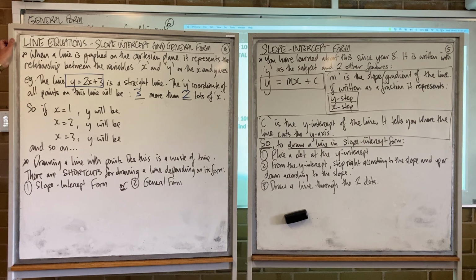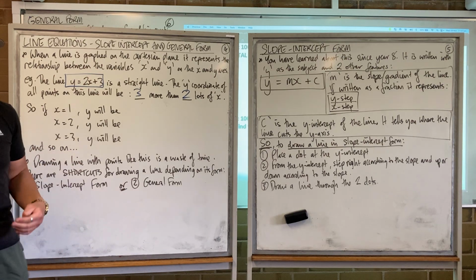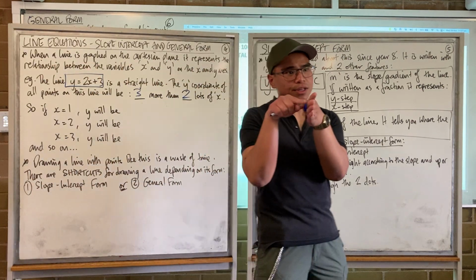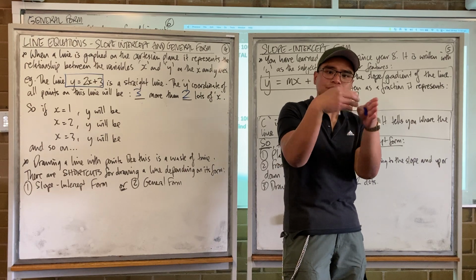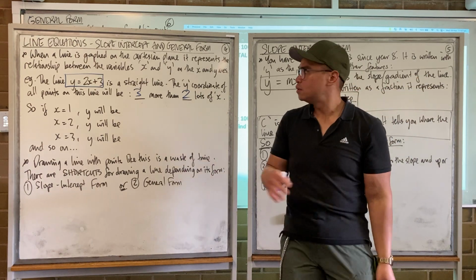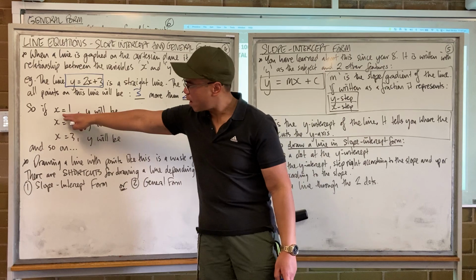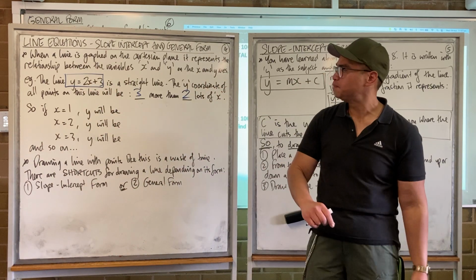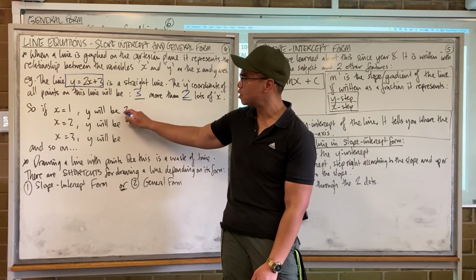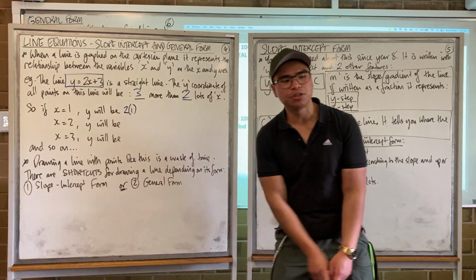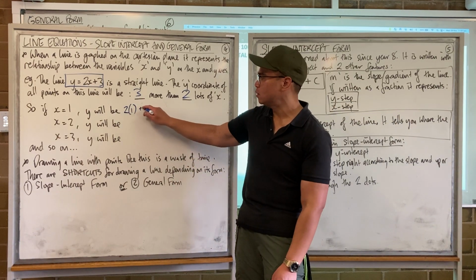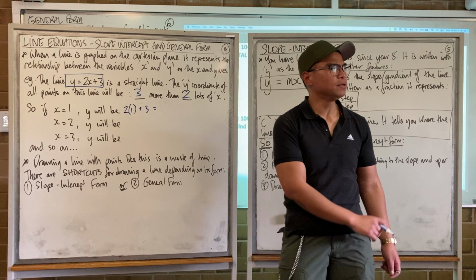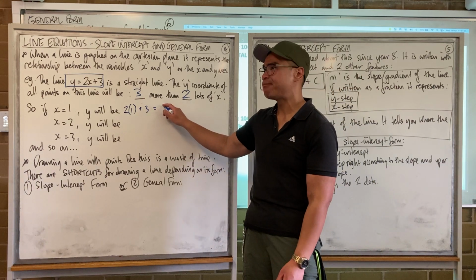And do you agree that on a Cartesian plane, you can have x is 0 in the middle, and then x is 1, and then x is 2 as you go further and further? So if, for example, x was 1 in this equation, what's y going to be? Well, it's going to be 2 lots of x, which is 1, and 3 more. So what's 2 times 1? 2. Plus 3? 5.